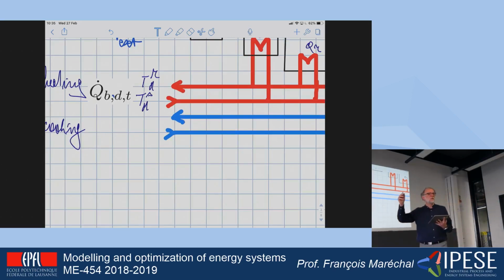So I treat each hour of the day. What is the heat that needs to be supplied by this distribution system? I will name it QB,D,T: B for building, D for distribution system, and T for time.